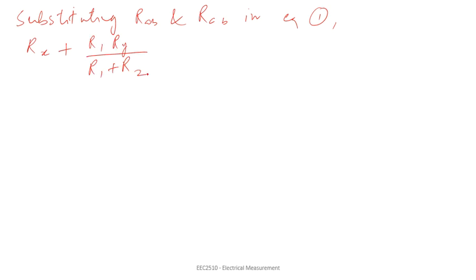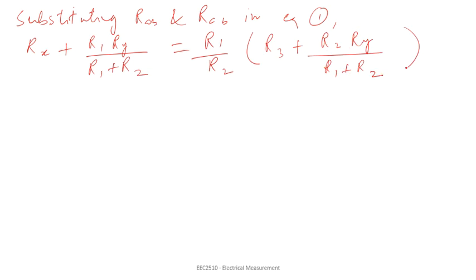Substituting RAB and RCB in equation 1, we will get Rx plus R1 Ry over R1 plus R2 is equal to R1 over R2 in bracket R3 plus R2 Ry over R1 plus R2.